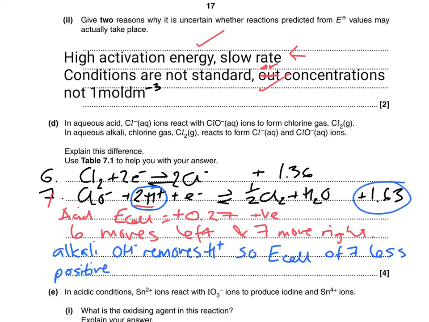So remember, the bigger this value, the further the equilibria is in this direction. The smaller the value, the further it is in the left-hand direction. Therefore, E cell is negative.